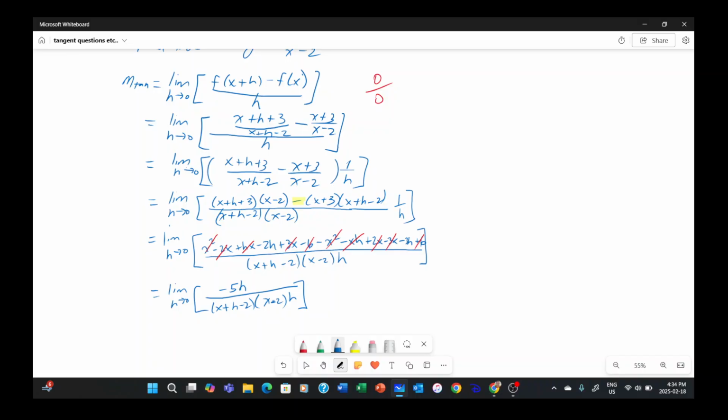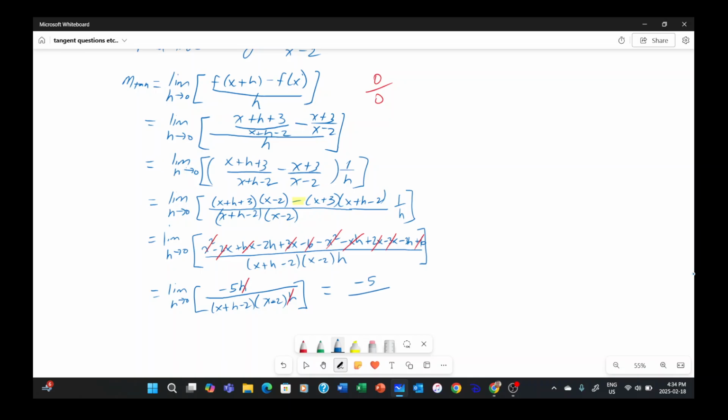I think you can see here, as always, everything that was left over contained an h. So the top does have a factor of h, which we are now allowed to slice out, which means we are finally rid of the 0 over 0 problem. Just a reminder, that's called indeterminate. And once we do that, we can substitute h equal to 0 in and evaluate this limit.